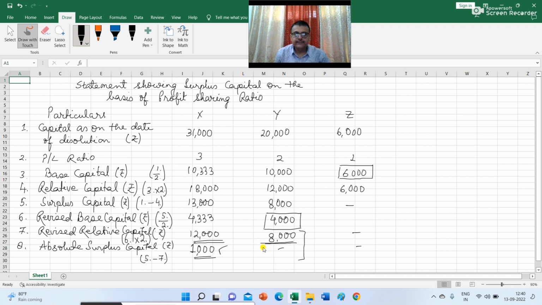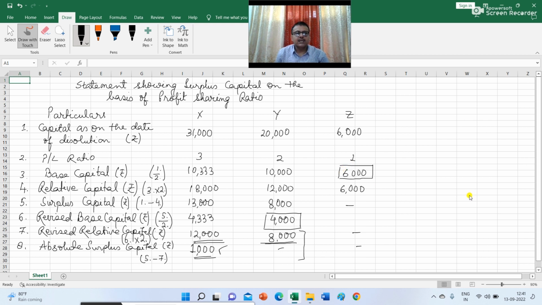Thereafter, X, Y and Z will be distributed. The amount will be distributed among X, Y and Z in the ratio of 3:2:1 until the entire amount that is collected from realization is disbursed.